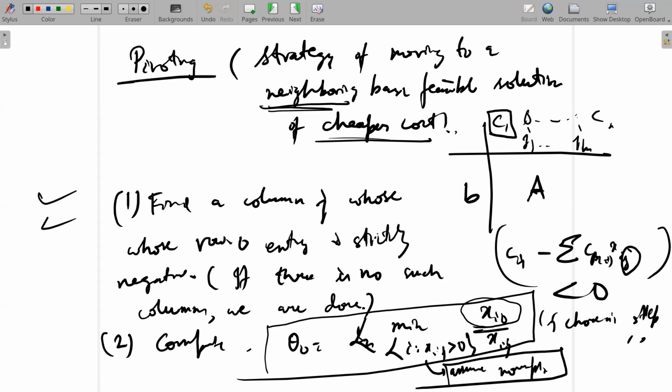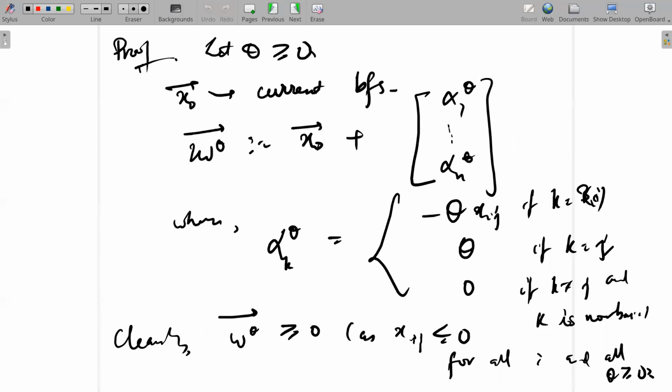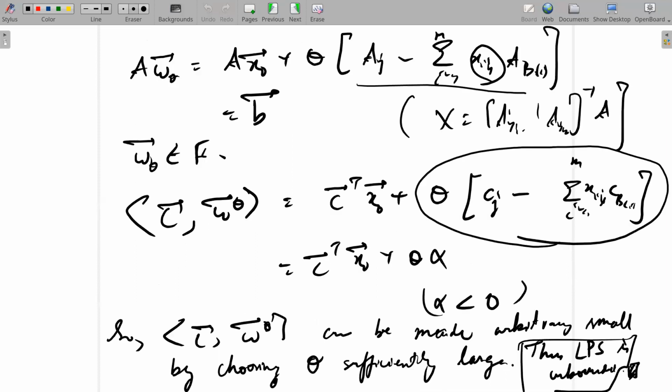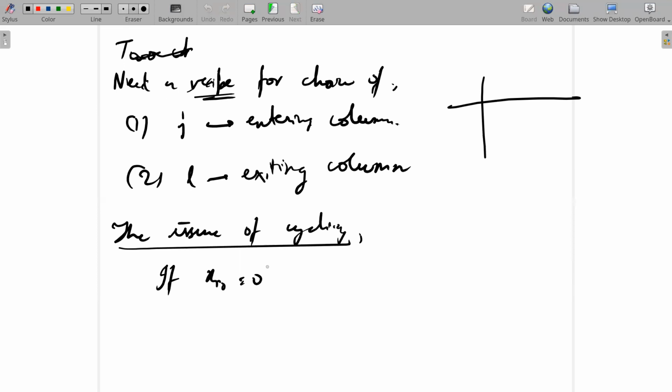But if theta naught is 0, whatever algorithm you're suggesting here, where you're perturbing by theta or replacing by theta, the vertex is not moving. You're not really going to a distinct neighboring vertex. You're just looping back to the same thing. So you might be stuck there, and you might not terminate.